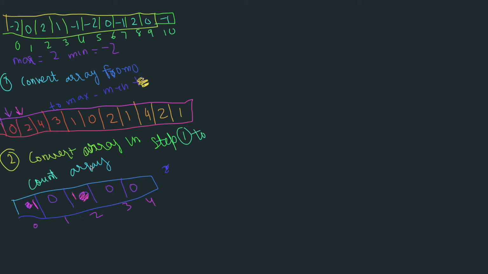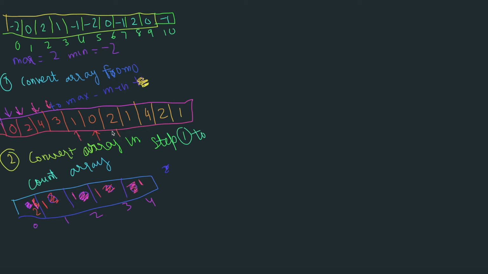Now we go to index 4 and increment the value there to 1. Next we increment the value at index 3 to 1. Now we increment the value at index 1 to 1. Now index 1 already has value 1, so it becomes 2.